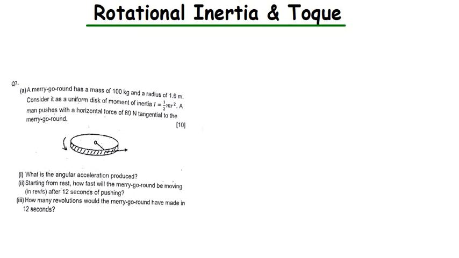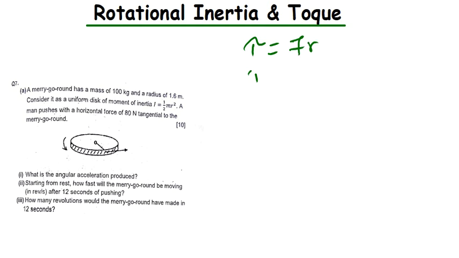Now let's talk about the relationship between rotational inertia and torque. From our previous video, we said that torque can be given by two formulas, and we have derived those two formulas. Torque can be given by the force times the perpendicular distance, in this case the radius.